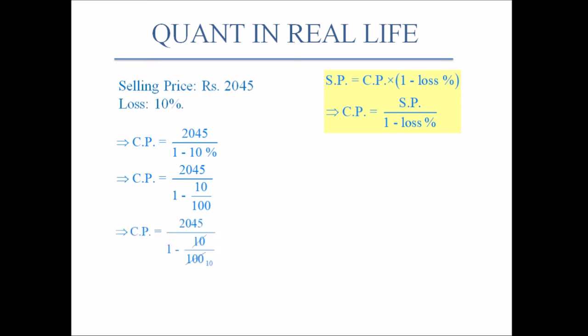This implies cost price equals 2045 upon 1 minus 1 upon 10. This implies cost price equals 2045 upon 9 by 10, which can be written as 2045 into 10 upon 9. This gives an approximate value, which is 2272.22 rupees.